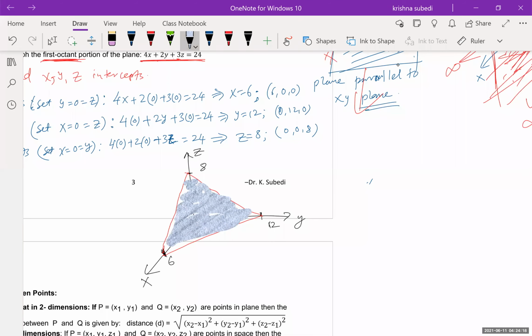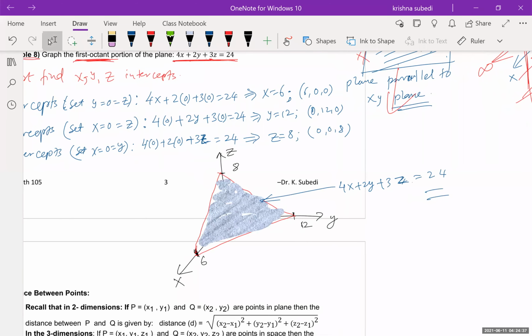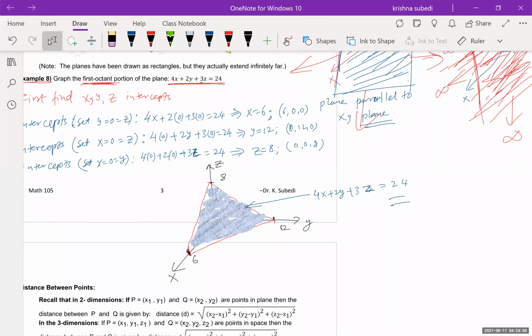Okay, this is the plane, this is the graph for the equation 4x plus 2y plus 3z equals 24. Okay, that's how we draw the graph in the first octant. Any questions so far?